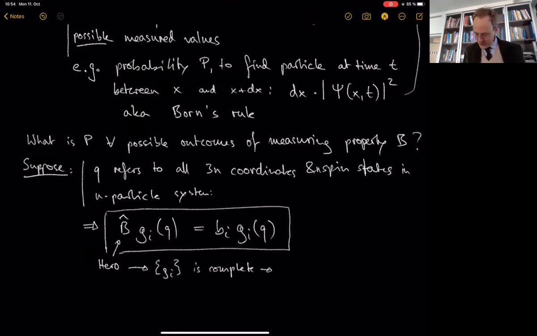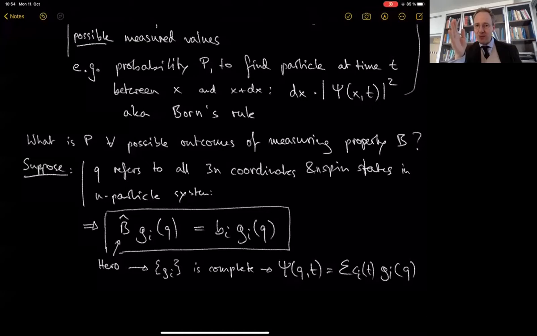Our state function, we can expand it in this. So we write psi of q and time, we want q and time, is the sum over these eigenfunctions in q, and we make the coefficients c_i time dependent. Okay, so imagine you keep time still, you make one measurement, right?